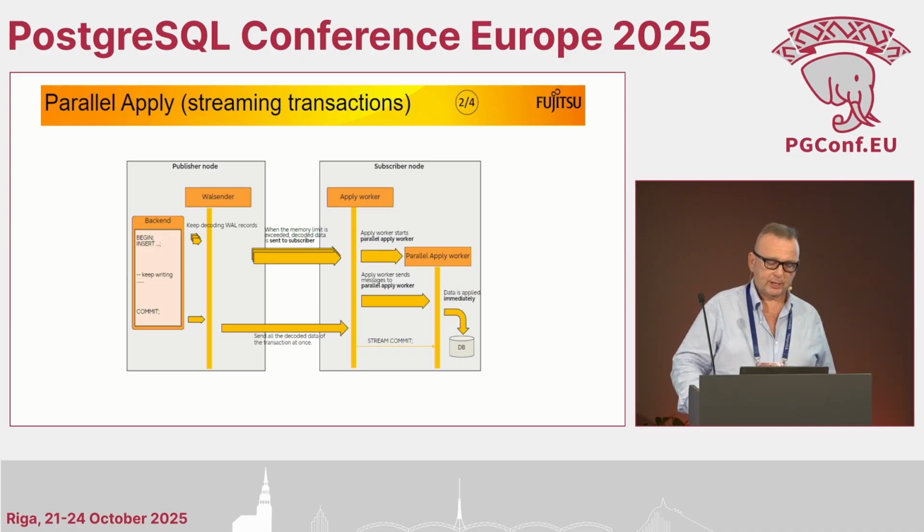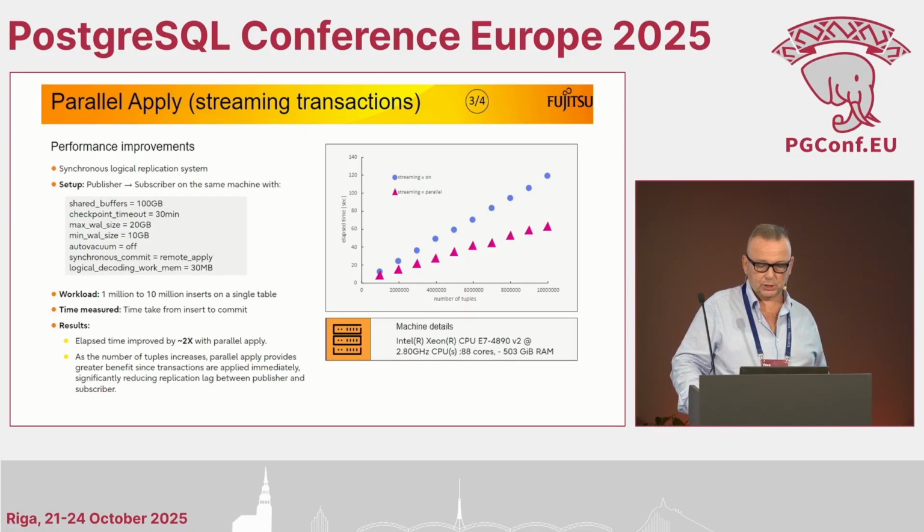And streaming is triggered when a transaction commits or when the logical_decoding_work_mem limit is exceeded. When the first stream of a large transaction arrives, the lead apply worker assigns parallel apply workers if available, and at publisher commit time, the lead apply process waits for all the parallel apply workers to finish to ensure that the commit order is preserved.